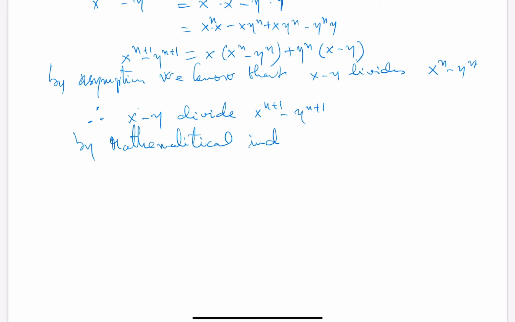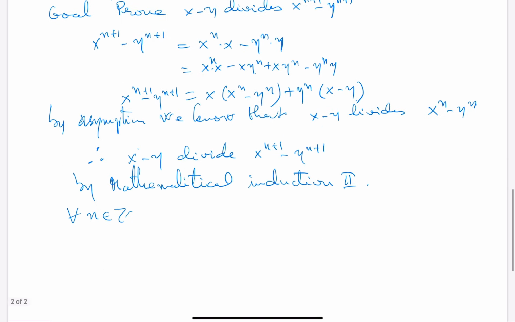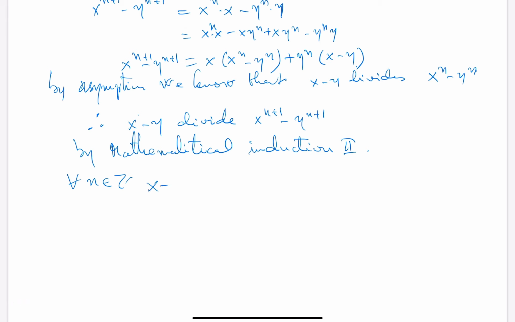So here, by mathematical induction 2, for all positive integers, we can say x minus y divides x to the n minus y to the n, and that's it.